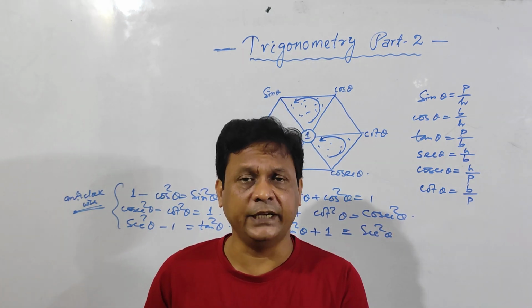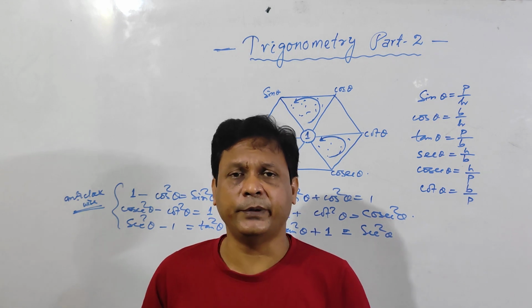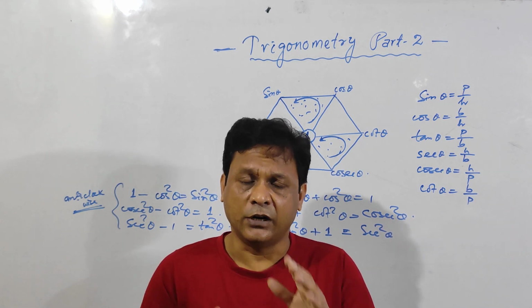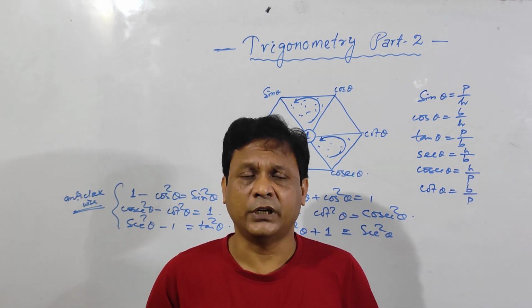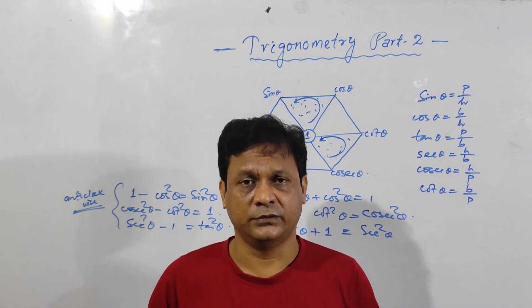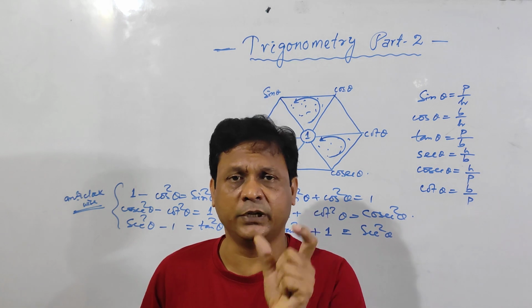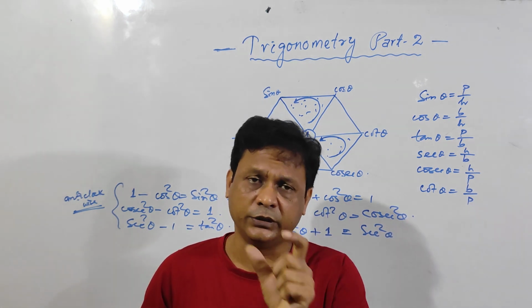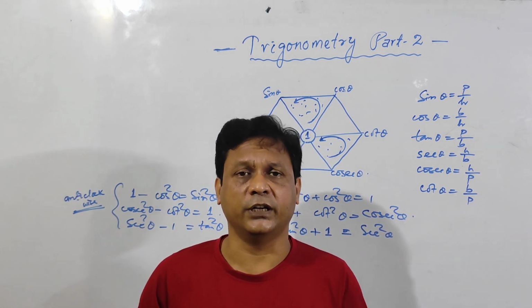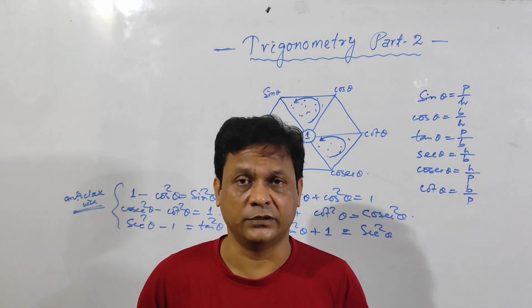That means if sine 1255 is given, how to convert it to acute angle form? Because 1200 something or 1100 something is not an acute angle. So you have to convert that angle to acute angle form. So how to convert it?